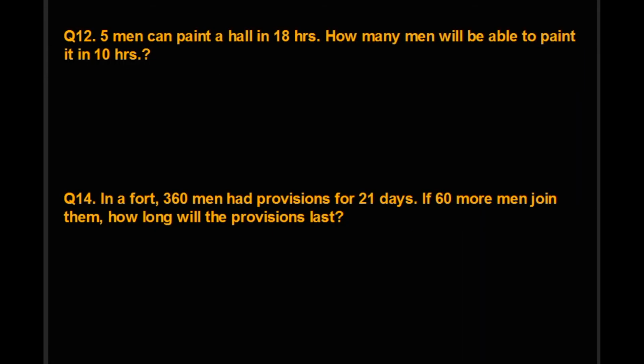Now we will move on to the next question. Question number 12. 5 men can paint a hall in 18 hours. How many men will be able to paint it in 10 hours? So we have hours, we will write it as hours ratio hours is as men ratio men.